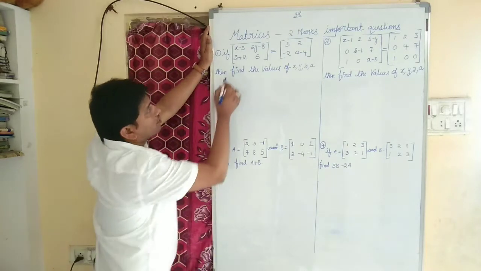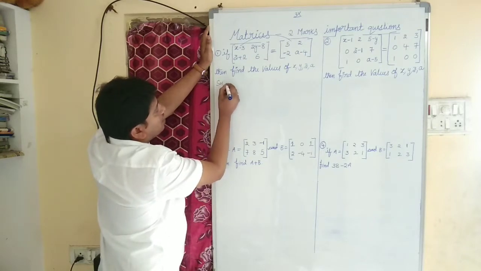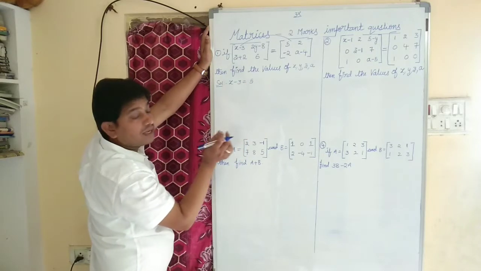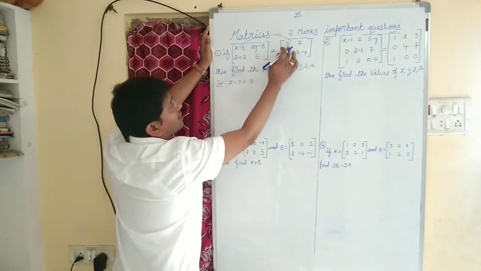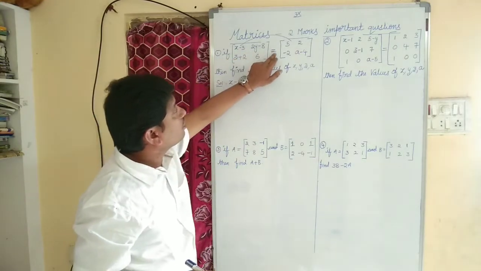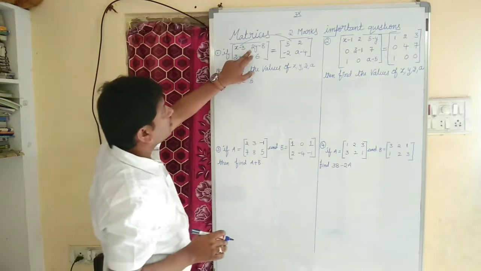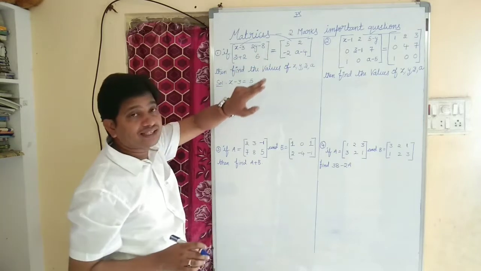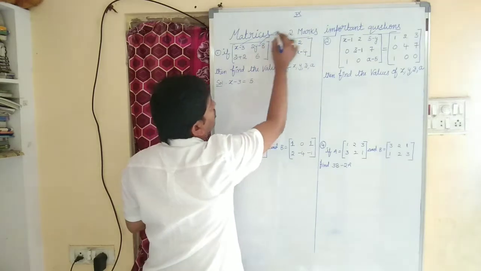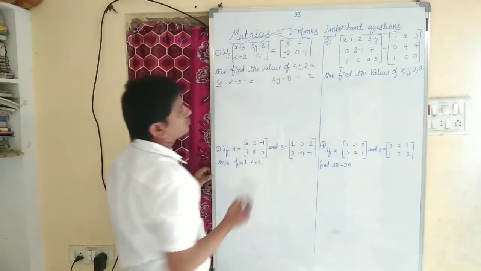Children, what is the corresponding element of x minus 3? The corresponding element of x minus 3 is 5. I mean, we need to equate x minus 3 with 5. Similarly, the corresponding element of 2y minus 8 is 2, so we need to equate 2y minus 8 with 2.